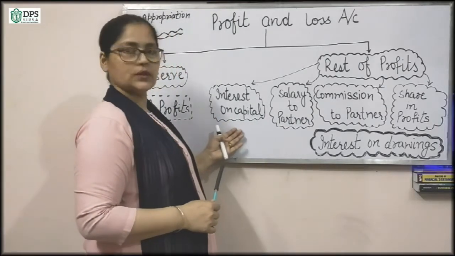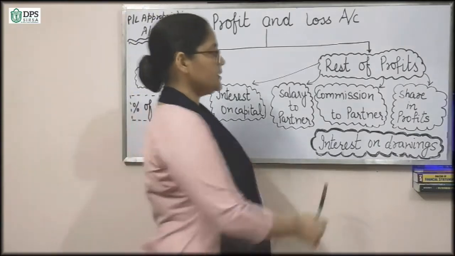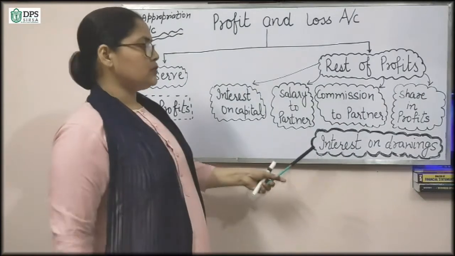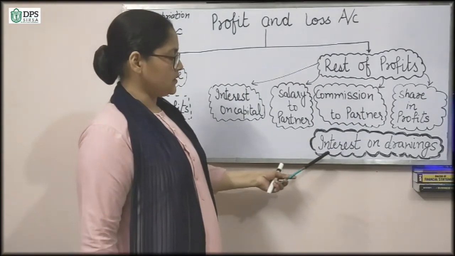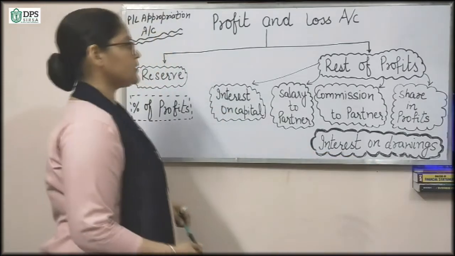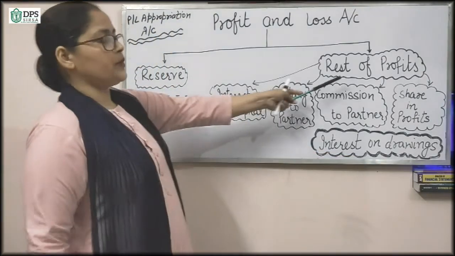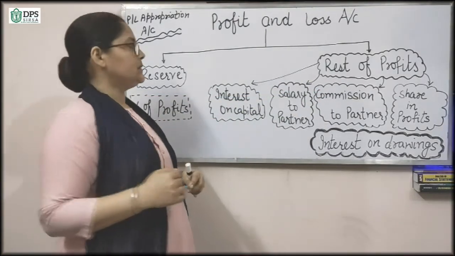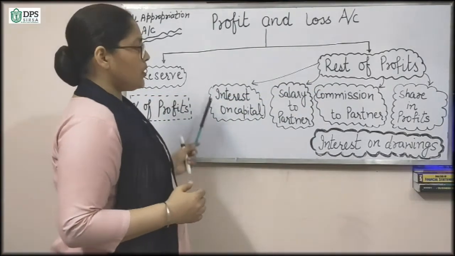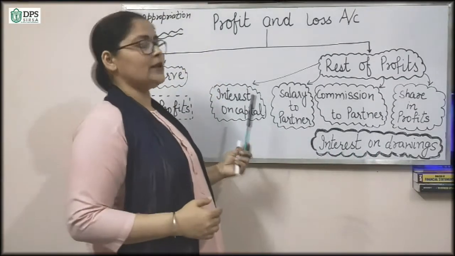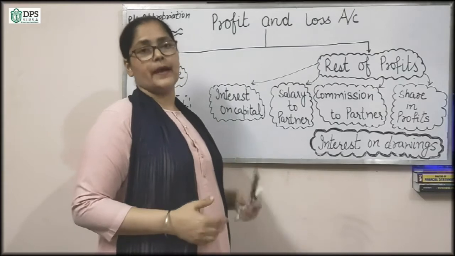Appropriations are interest on capital, salary to partner, commission to partner, share in profits, and one more thing we have done was interest on drawings. So the rest of the profits which the partnership firm has, it is all divided among the partners, so it is allocated between the partners.